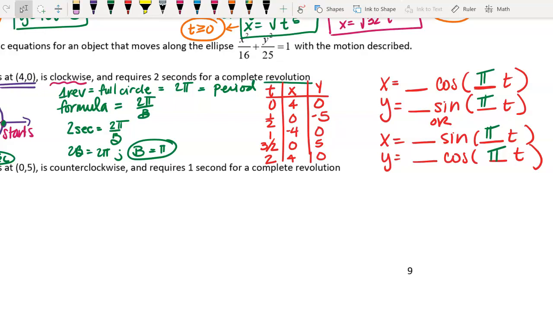Out of these, which one, cosine or sine, will give us a non-zero for the beginning of time? Which one will give us a non-zero when time is 0?